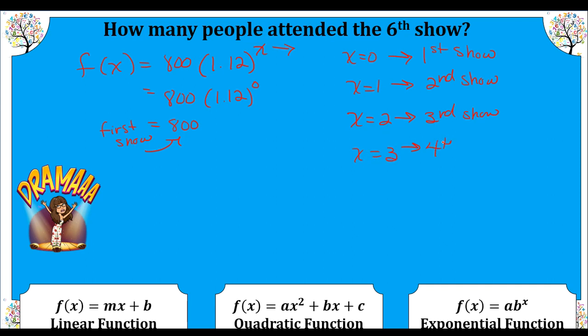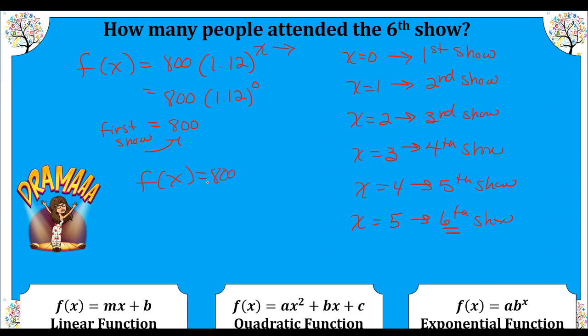This represents our fourth show. When X is 4, this is our fifth show. So you always just have to interpret exactly what's going on in your function and what it's asking, what the X represents, and what your F of X represents. So guess what? To know how many people are at the 6th show, we had to plug in 5 for X.